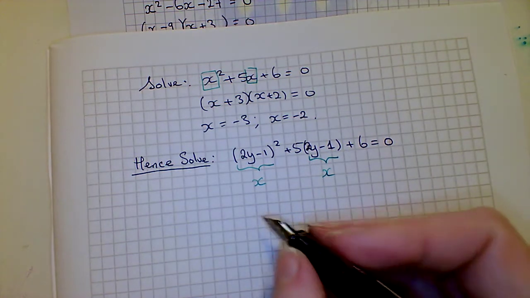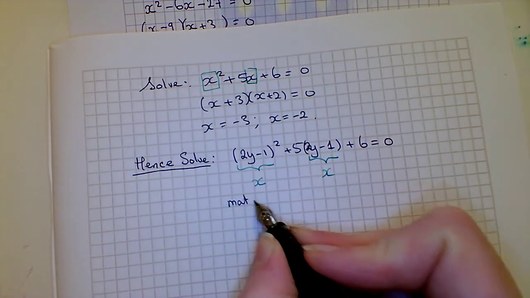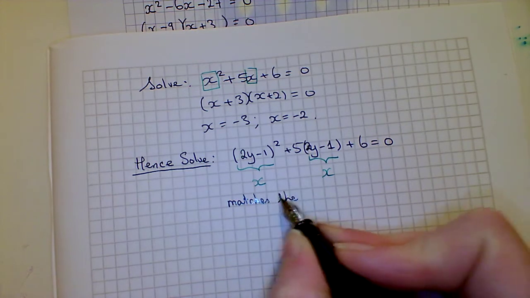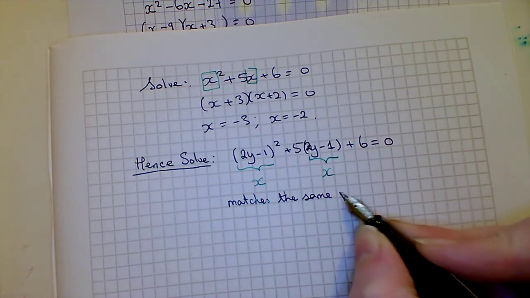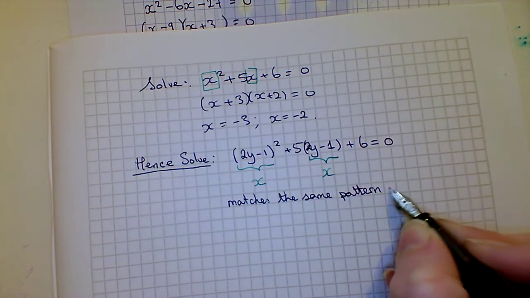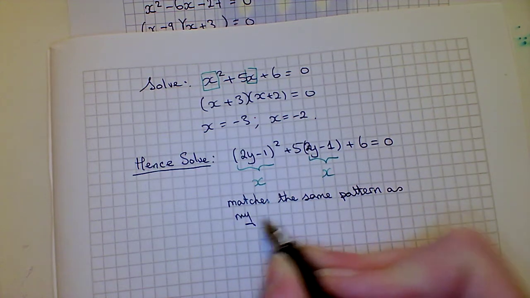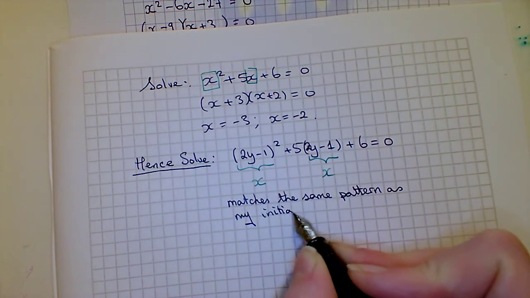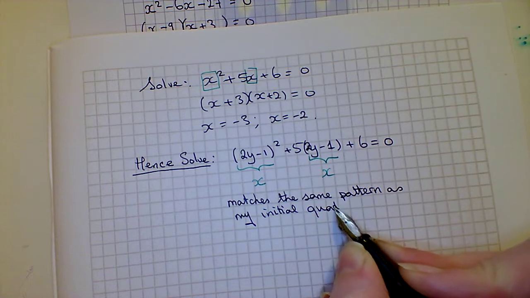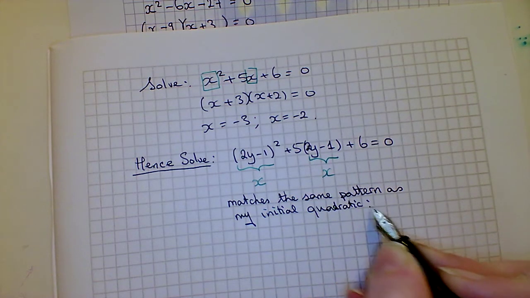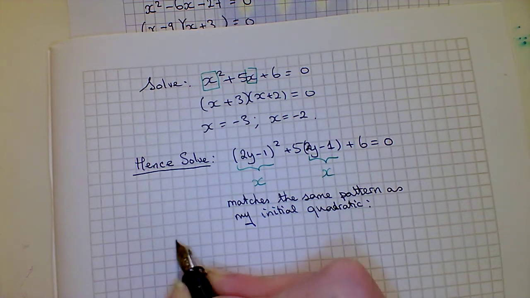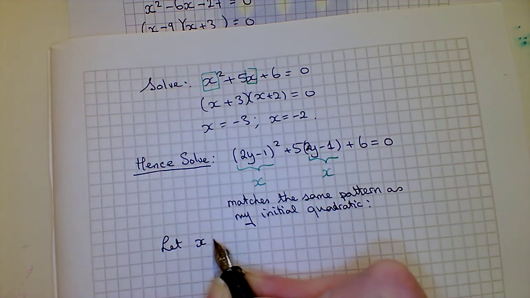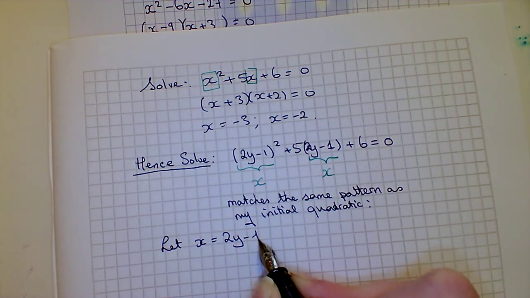So because this matches the same pattern as my initial quadratic, we can say let x equal to 2y minus 1.